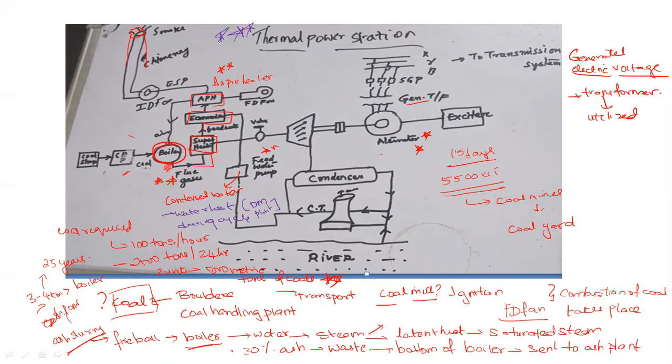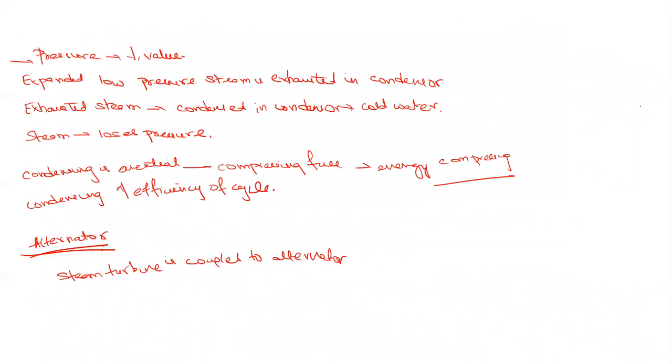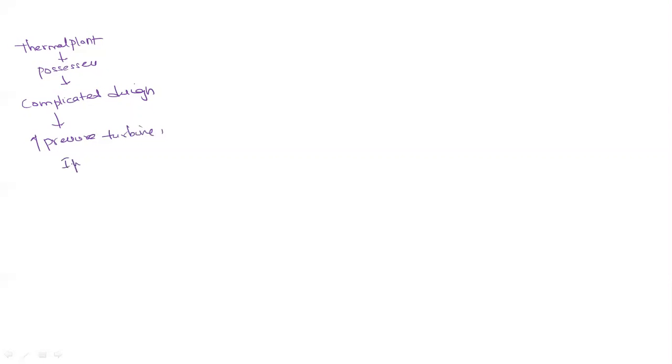A practical thermal plant possesses a more complicated design and multiple stages of turbine such as the high pressure turbine, intermediate pressure turbine, IPT, and low pressure turbine.